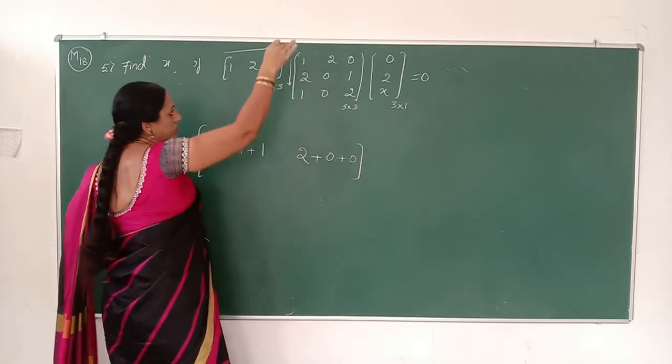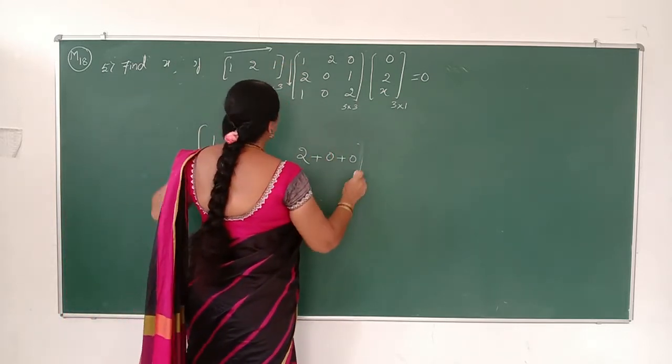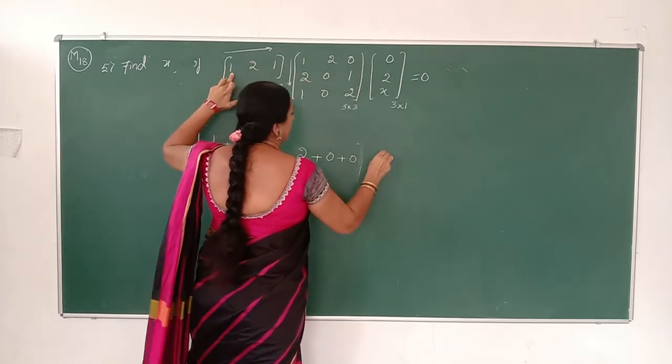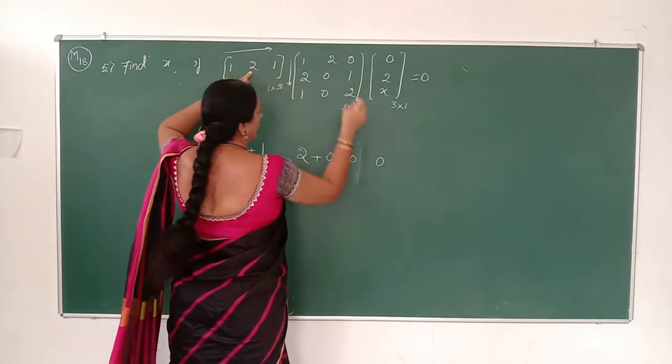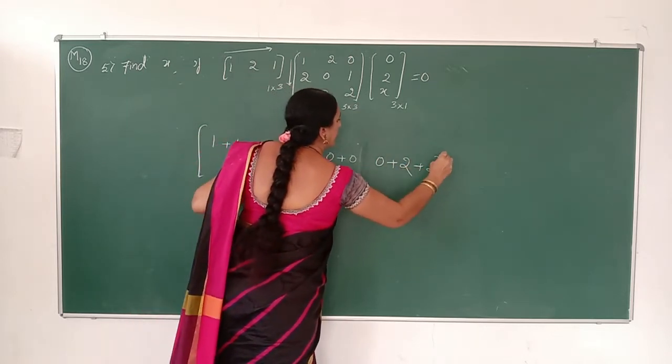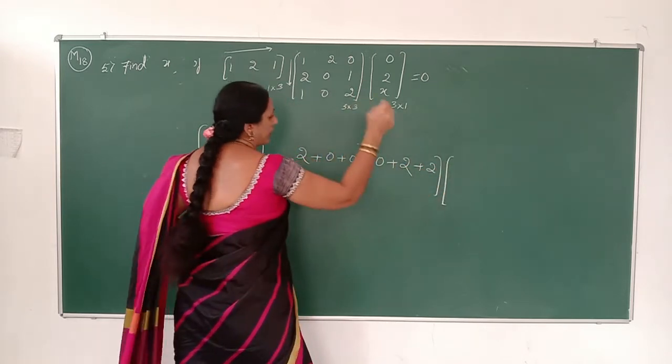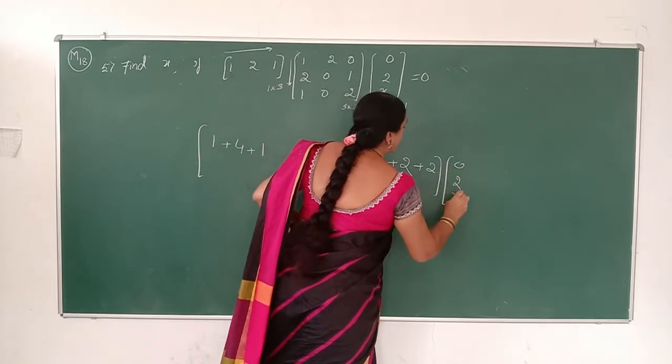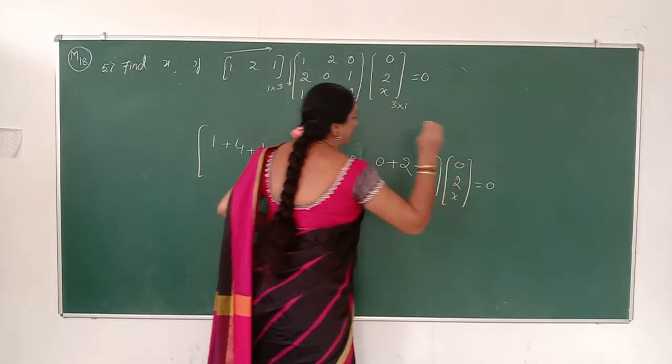Again, first row, third column: 1 into 0, 2 into 1, 1 into 2, into the third matrix, continuing in the same form. It will be equal to 0.